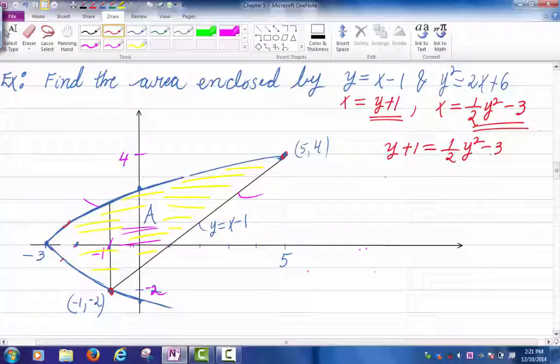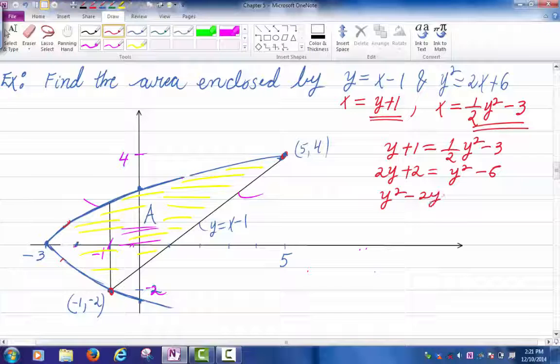And then let's just multiply both sides by 2. And then this becomes y squared minus 2y minus 8 equals 0 if you simplify.